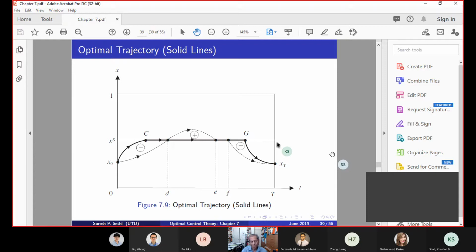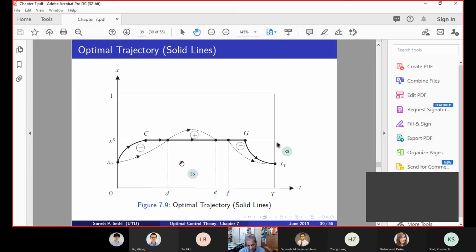So what are the concepts here? First of all, we can easily compute this path. The other thing is I said T is large enough. By T large enough, I mean that T is bigger than the sum of the time from x0 to the turnpike plus the time from the turnpike to xT.